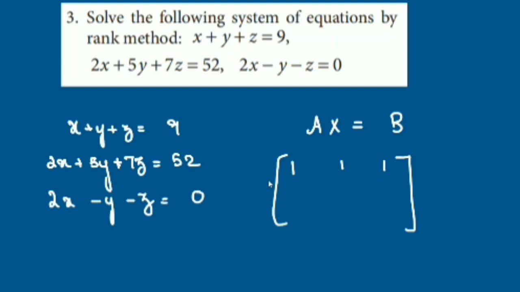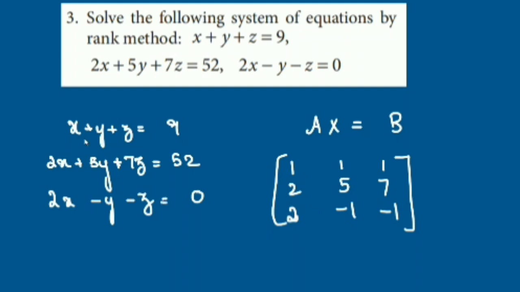The second equation: 2, 5, 7. Third: 2, minus 1, minus 1. So the matrix A is 1, 1, 1; 2, 5, 7; 2, minus 1, minus 1.